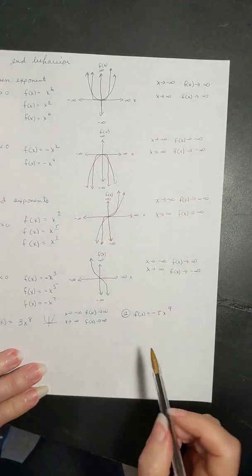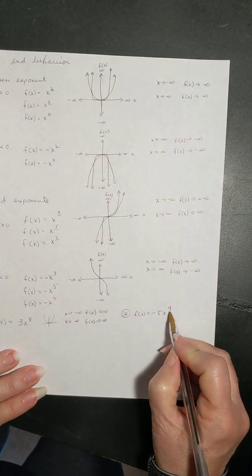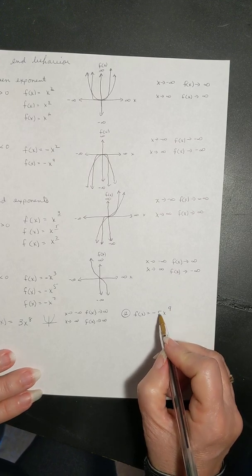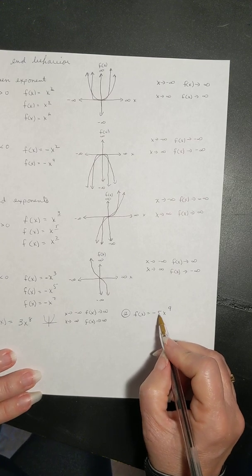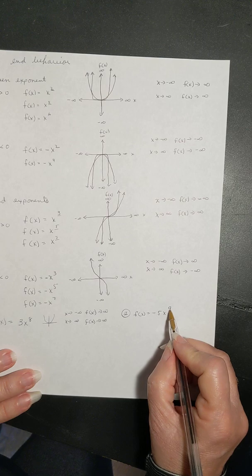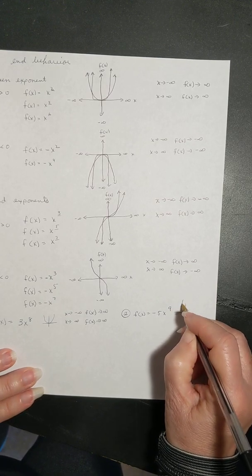Okay. Problem number 2 says f of x is equal to negative 5x to the 9th. All right, so I look at this one and I say, first of all, I look at my exponent. It's an x to the 9th. So that tells me that it's a snake. Now the 5 doesn't really affect the end behavior, but the negative does, because it's an x to the 9th, and so I know that this one goes down.